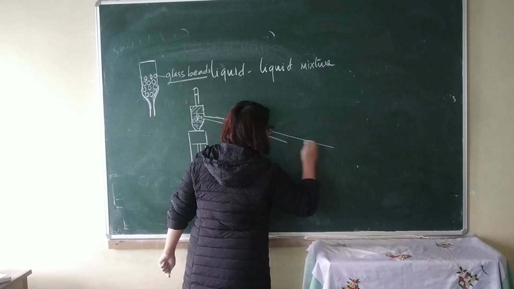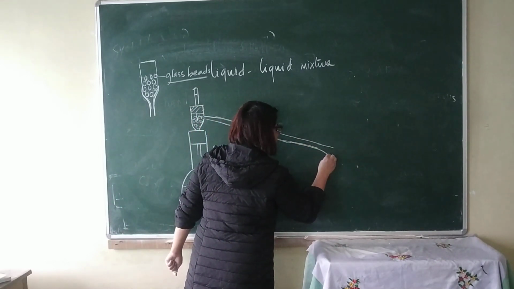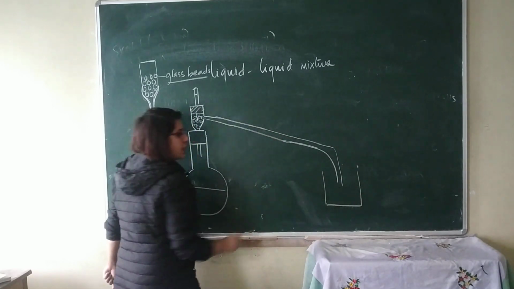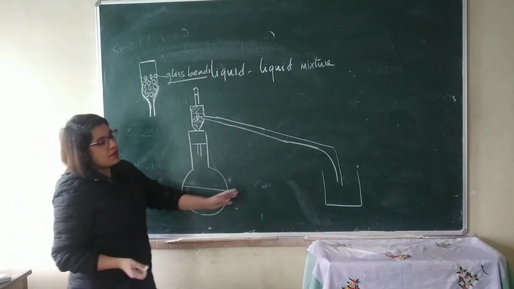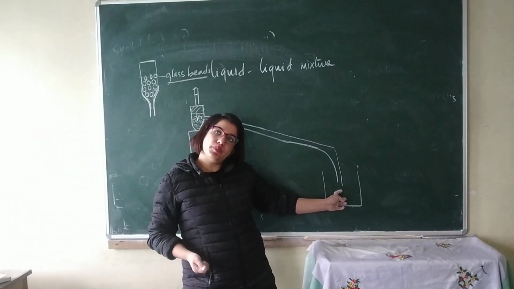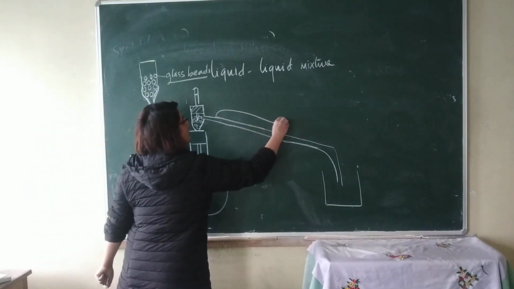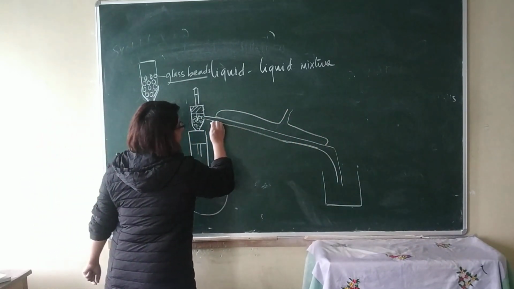Then we connect it with a delivery tube, and on the other end of the delivery tube we keep a beaker. Now if you remember, in distillation we had taken a Liebig's condenser.